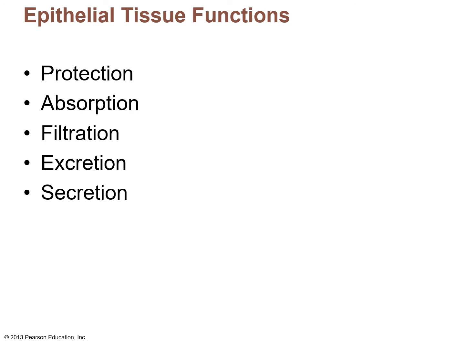For example, let's say that you have an epithelial tissue that's made up of only one layer. So if it's made up of one layer, that means that it's pretty thin. So if it's a thin layer of tissue, its function is not going to be for protection because it's only one layer.